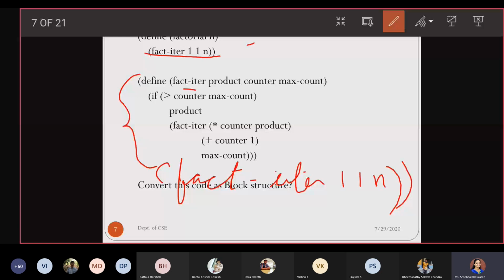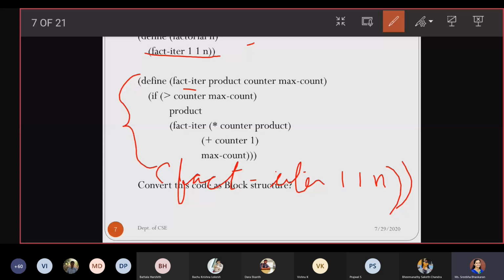That block can be used only within that. It's like a local variable. With local variable concepts, the variable you declare within that block, within the curly braces, can be used only from there. It cannot be used outside. Same concept here. You are defining a procedure inside another procedure. In this particular language, the beauty is you can define a procedure inside another procedure.